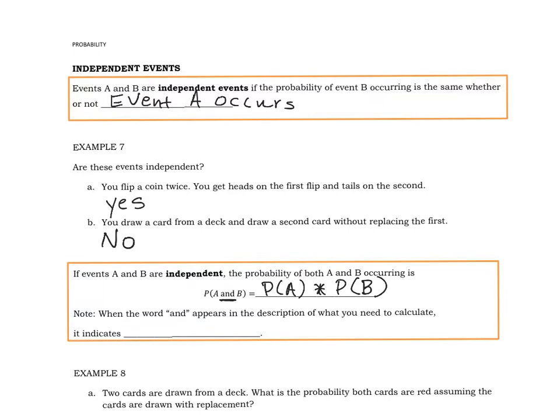Sometimes you might not see the word and, so you actually have to think about the problem. So when the word and does appear, beyond a shadow of a doubt, you know that you will need to multiply. It indicates multiplication. So I'm sorry, you are going to have to think on these.